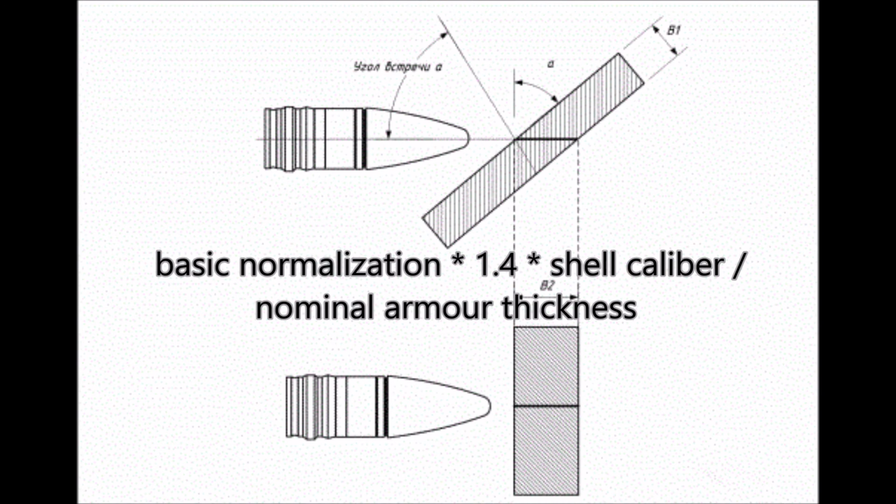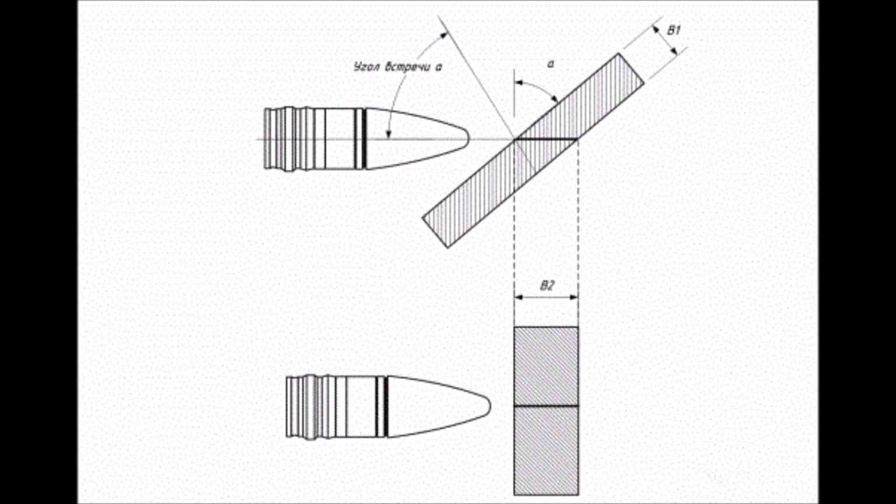I'll put it up on screen now, it's quite hard to explain. Basically, if the caliber of your gun is more than twice the thickness of the armour you're hitting, you will get some extra normalization, which means when the penetration calculation is carried out, there will be more chance of penetrating the armour. Right, so that's quite easy, that one.